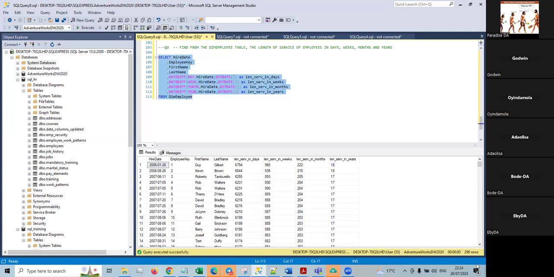Okay, but look carefully. We can find that these things have, if you, for example, divide this, that's in days, in weeks, in months, in years.